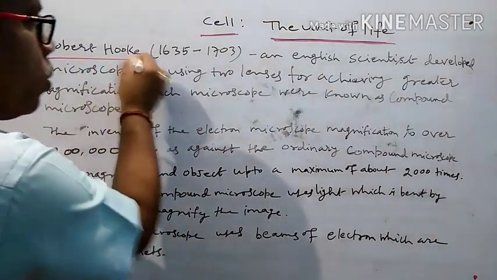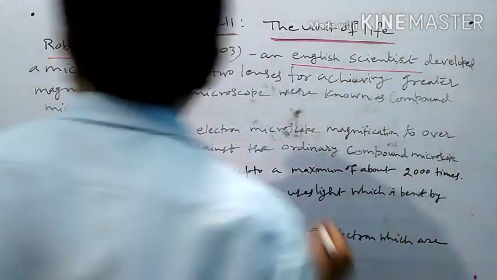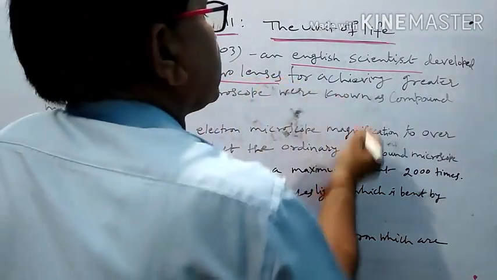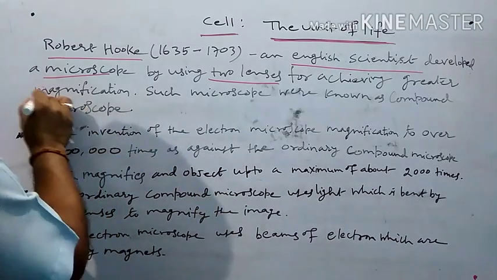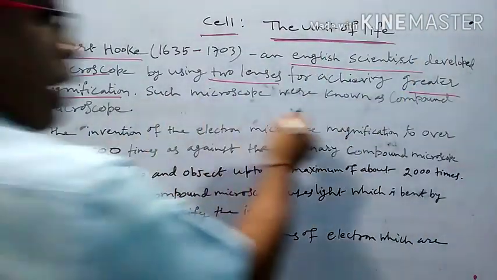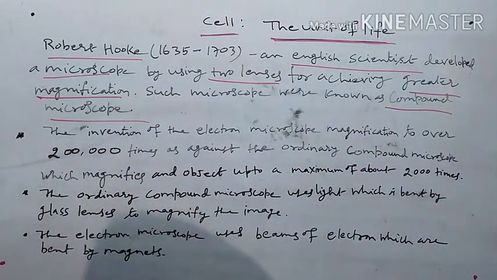Robert Hooke, an English scientist, developed a microscope by using two lenses for achieving greater magnification. Such a microscope is known as a compound microscope.